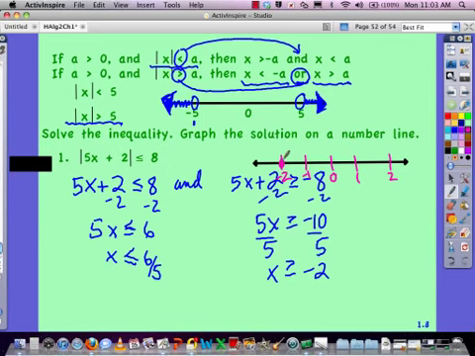But x less than or equal to 6/5 would be just about 1 1/5, so 1.2, we'll approximate it right there. And that's everything that's less than.